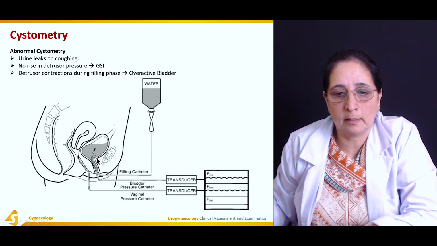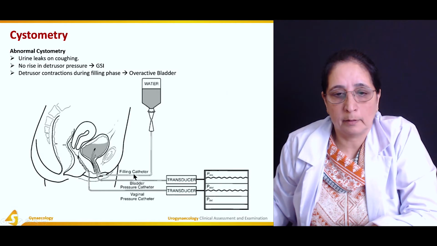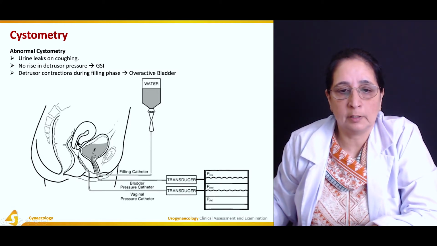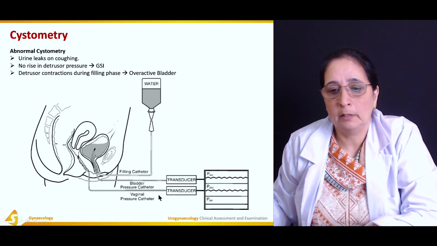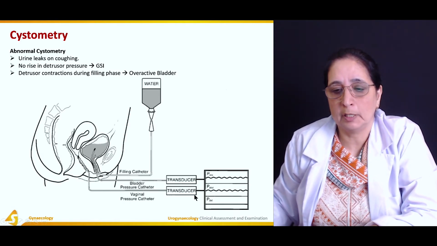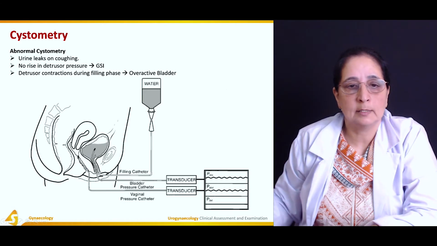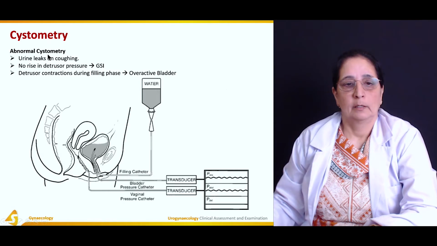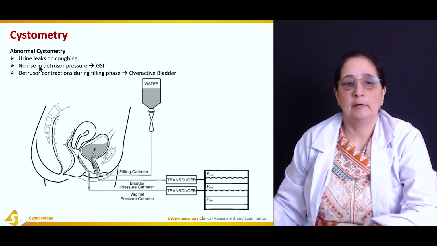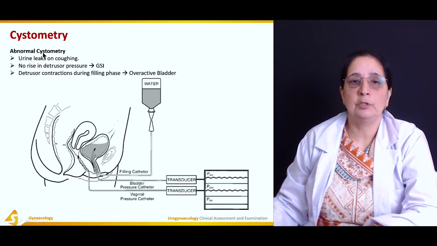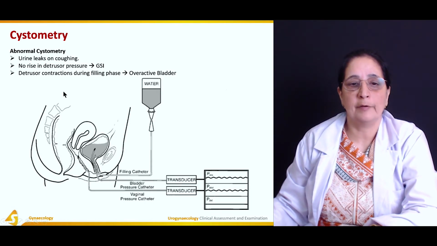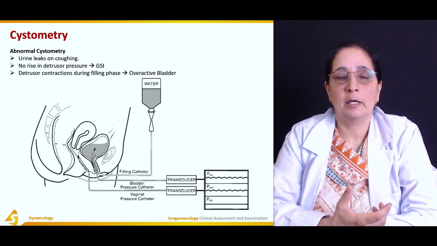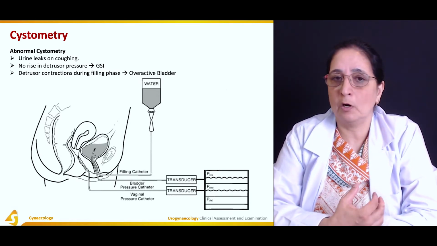So here, we have the filling catheter, then the bladder pressure catheter. Two catheters are in the urinary bladder. Then we have the vaginal pressure catheter. All these record the pressures in different organs. Cystometry. If there is abnormal cystometry, usually the urine leaks on coughing, and in stress incontinence the detrusor pressure is not increased.